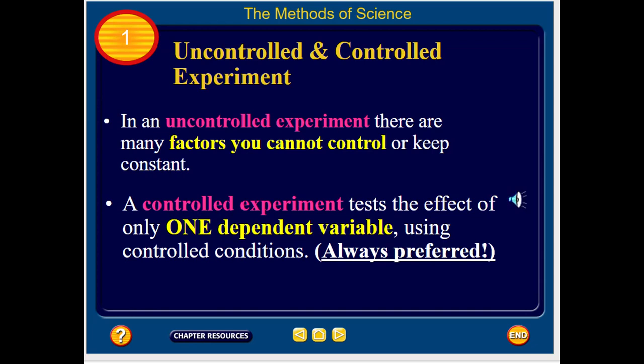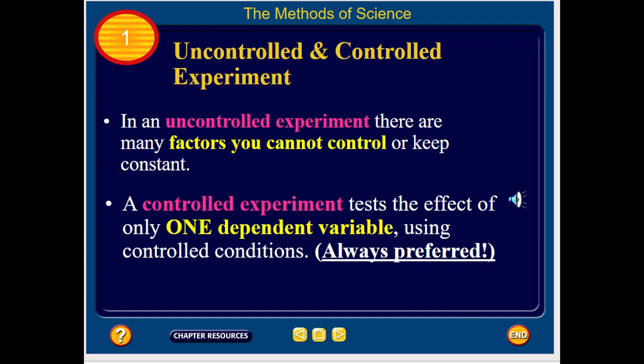Controlled and uncontrolled experiments. In an uncontrolled experiment, there are many factors you cannot control or keep constant. This is not ideal, but sometimes it is your only option.